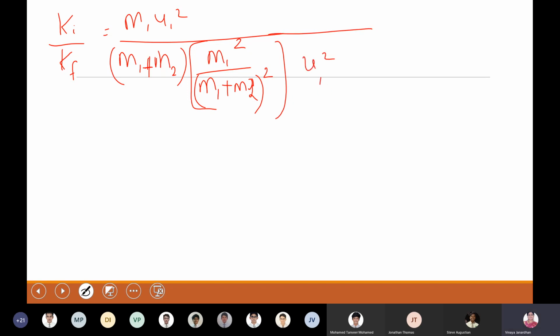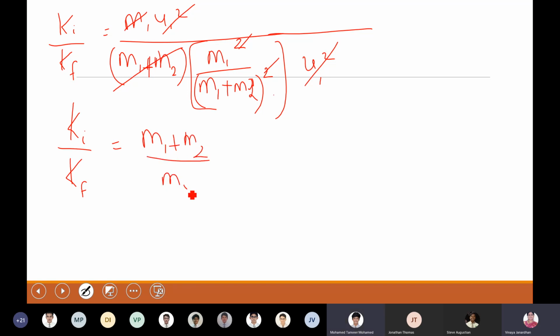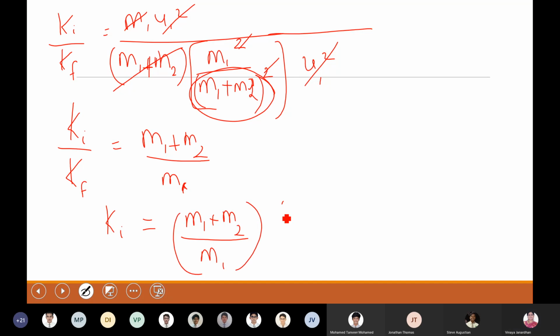This is what I am substituting for v squared. So this m1 will get cancelled. What I'm left with is Ki by Kf equal to m1 plus m2 divided by m1, because this is the denominator. Now Ki must be equal to m1 plus m2 divided by m1 into Kf.